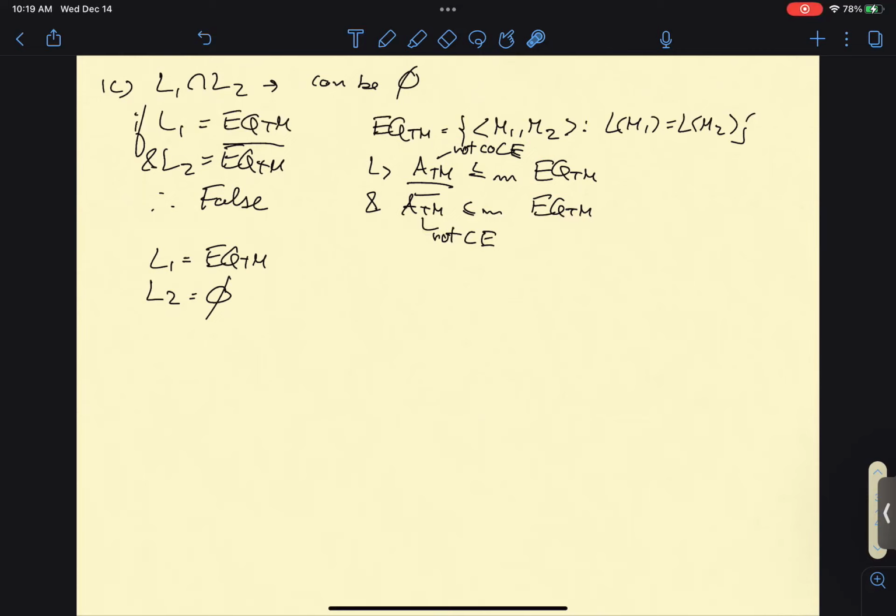What can it be other than a Turing machine? So I don't think I quite understand the question, but essentially it's not CE if you can't have a Turing machine that creates an algorithm that does that, right? The Turing machine is just the algorithm.